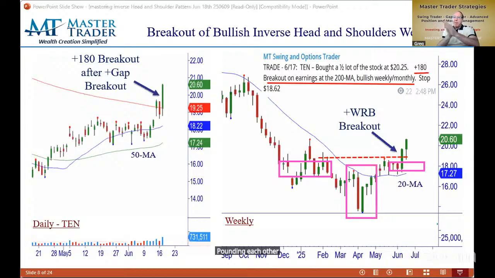The memory of the prior downtrend and the spike lower is still new. The pain of that to those who were caught on the way down is still real. So when it comes up for the right side, the demand is strong enough to consume that supply, and the sellers can't push it down much, and it gets tighter. So that's an attribute to look for: the right side should be tighter than the left side.